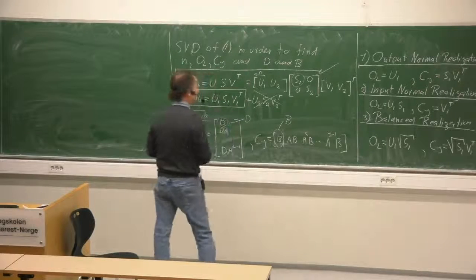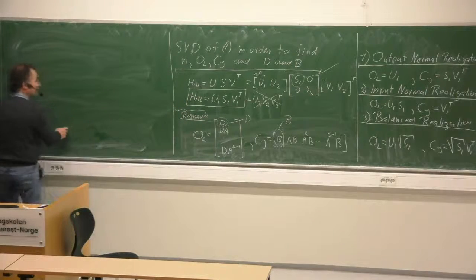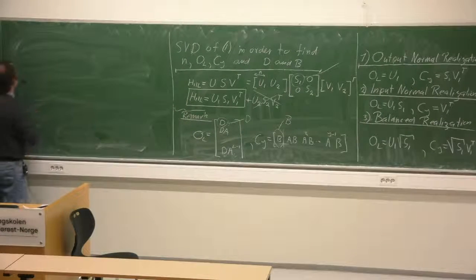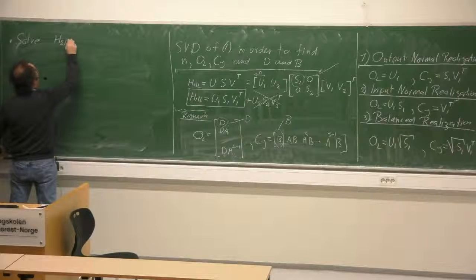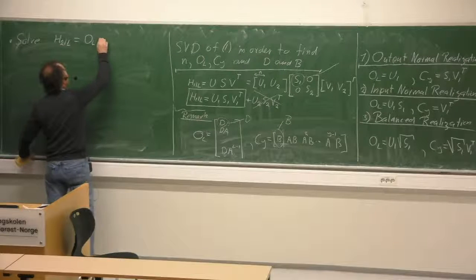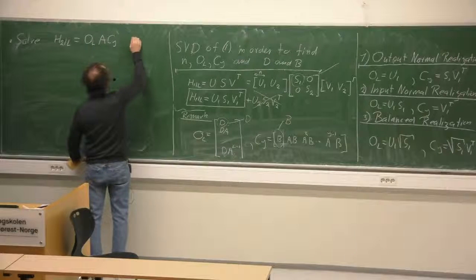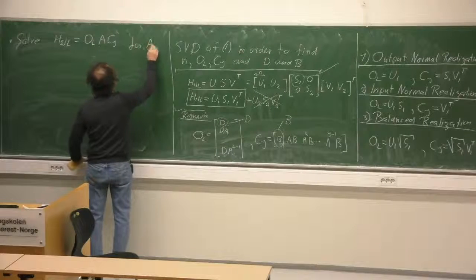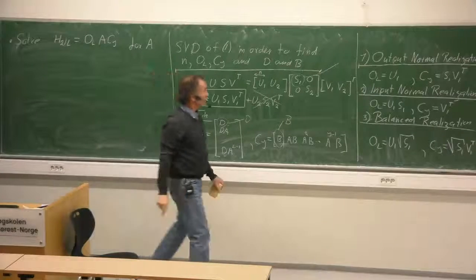Now, let us go for the A matrix. I have taken matrix equation 2 to solve the second matrix, or Hankel matrix, which is equal to O_L A C_J. Solve this one for A. Here O and C are known from up here.